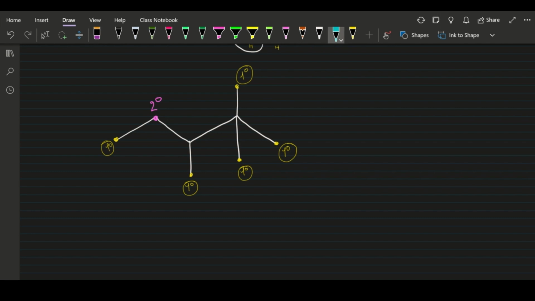Let's do another color, this one in blue. It is connected to how many carbons? Feel free to stop the video. One carbon, two, and then three. Because it is connected to three carbons, it is a tertiary carbon.